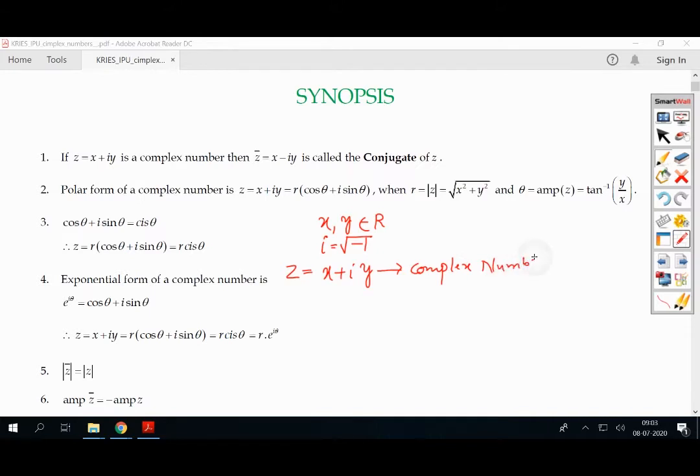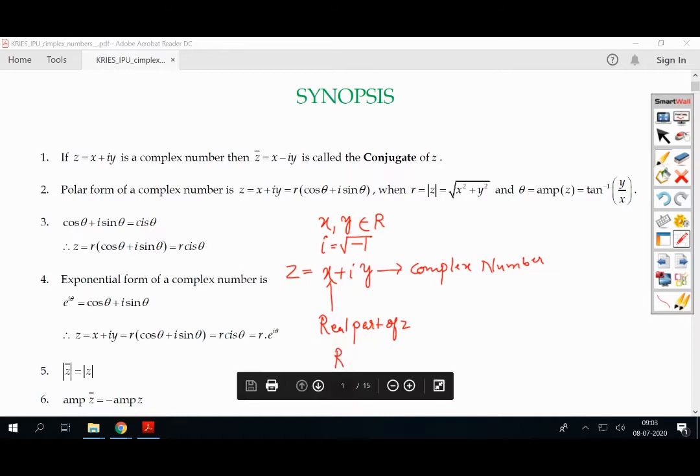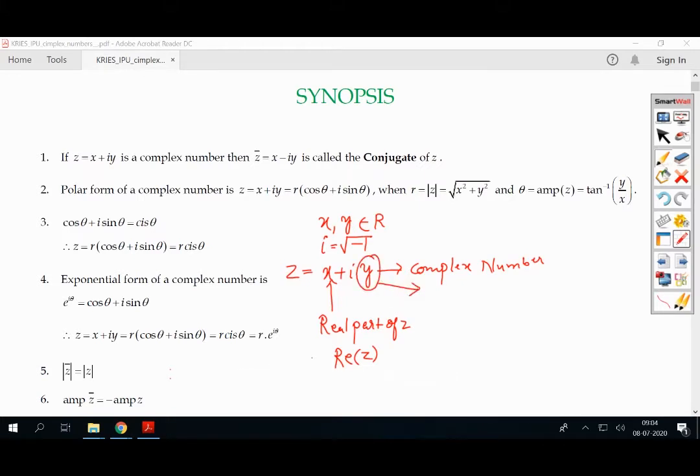Now here, this x is called the real part of complex number z. Real part of z. If you want to denote that in the simplest form, I can write it as Re z. And this y, which is the coefficient of i, is called the imaginary part.